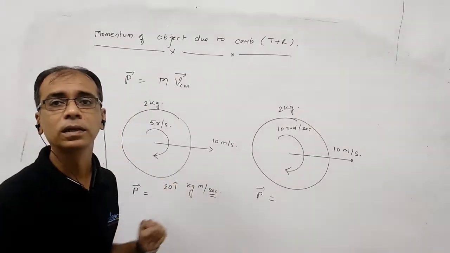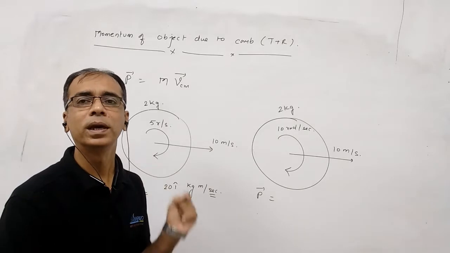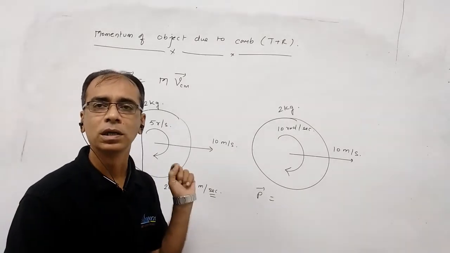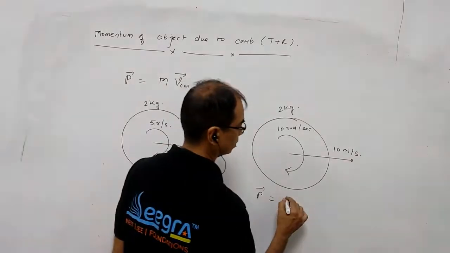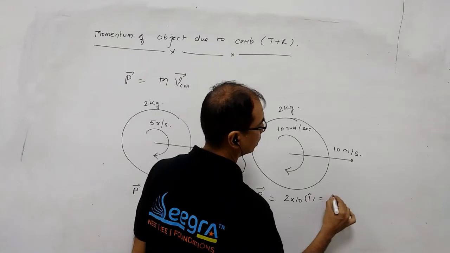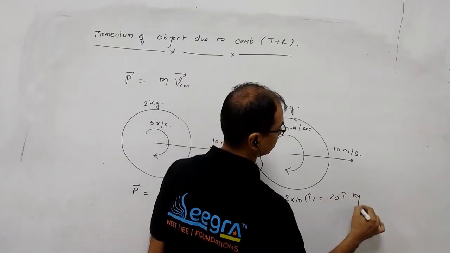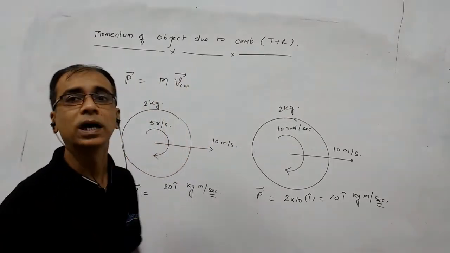Here what it was, 10. What have you changed? Omega. So omega has no effect on the linear momentum of the object. It is still 2 into 10 i cap, that is 20 i cap kg meter per second. There is hardly any change.